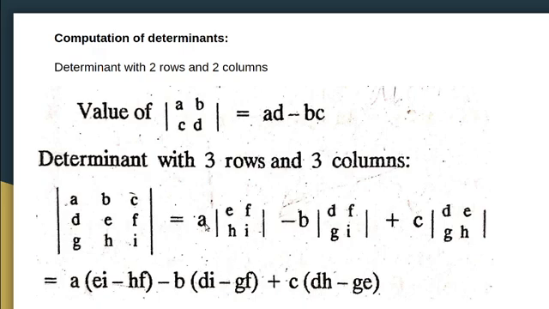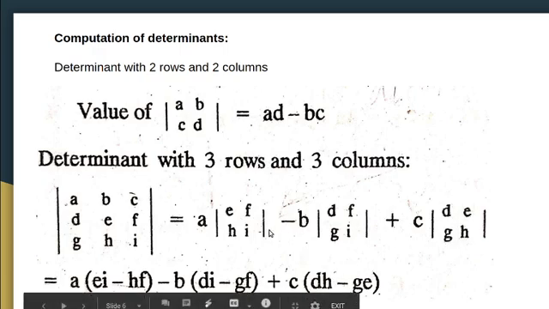Then what do you have to do? You have to do the same thing as we did in the case of 2 rows and 2 columns. Take A, then cross multiply E with I, then put a negative sign, minus, then cross multiply the remaining elements H and F. Then minus B into (D I minus F G), plus C into (D H minus G E).